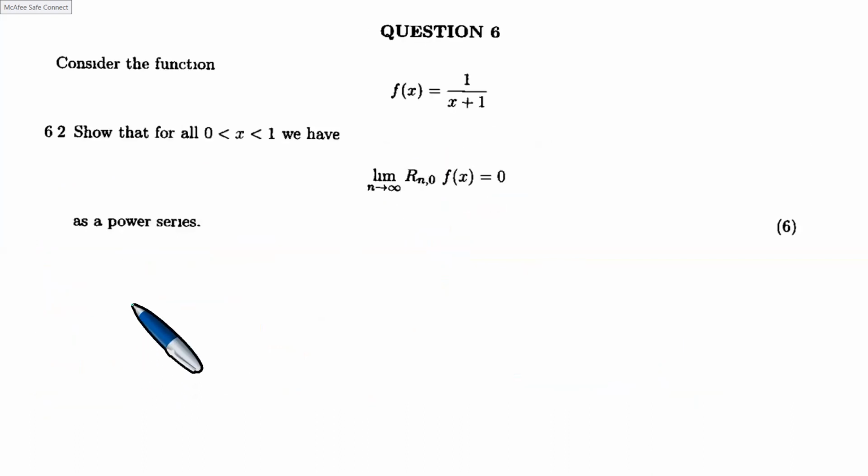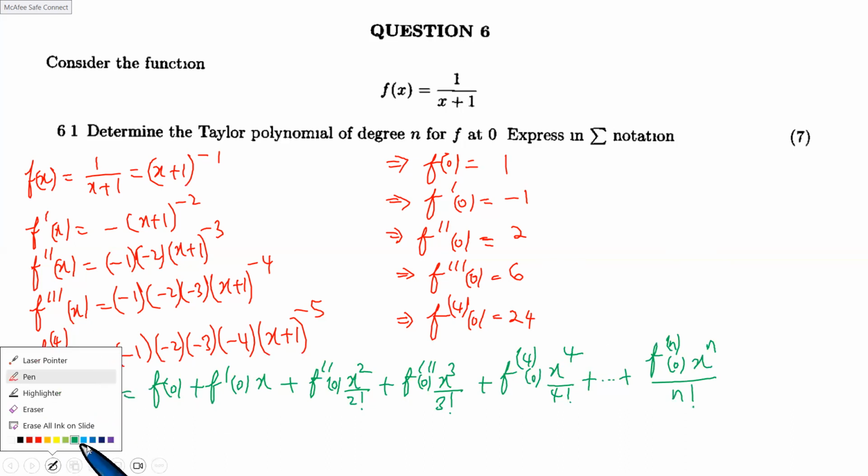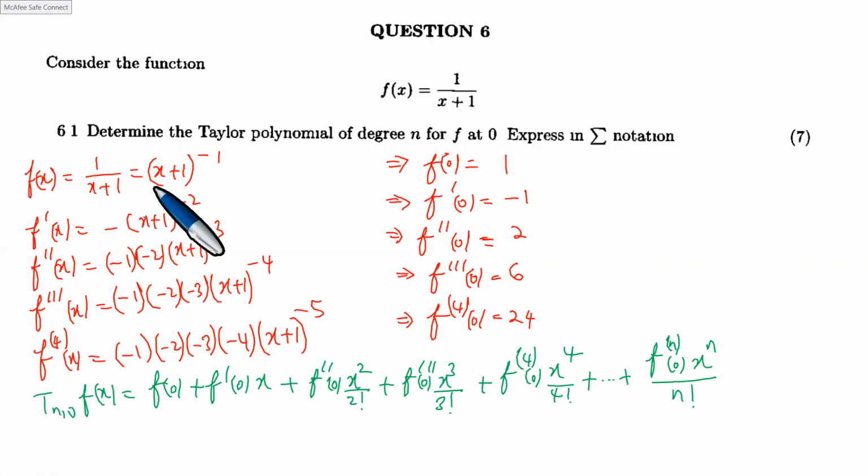So now we have the following. Right, so we have this. Now we need to just do substitutions. And if we do, what do we get? We're getting T_n at 0 of f of x.